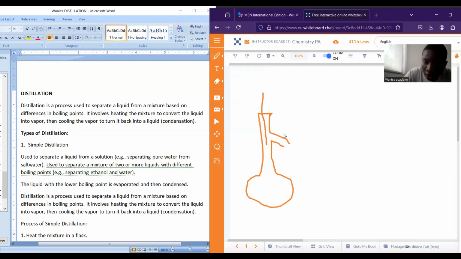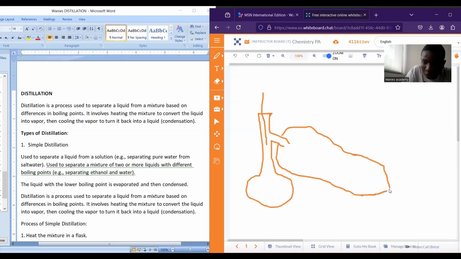Sorry, I'm just demonstrating. Let's say this is our condenser.